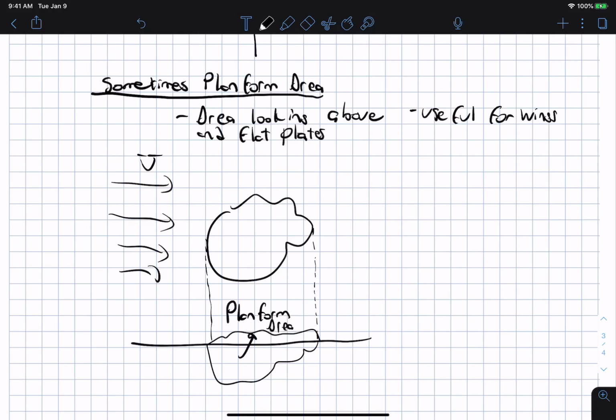And for the same object, the frontal area would be, again, you pick the opposite plane to project upon, and that will give us the frontal area.